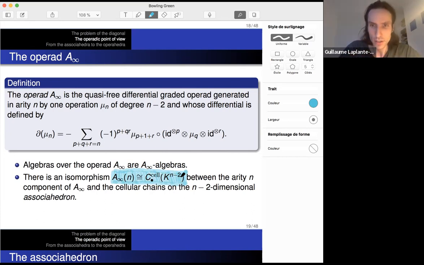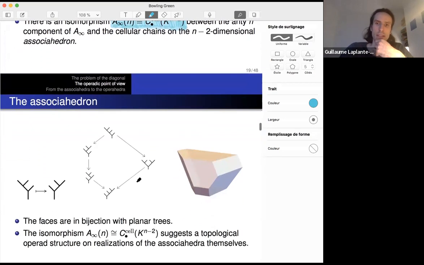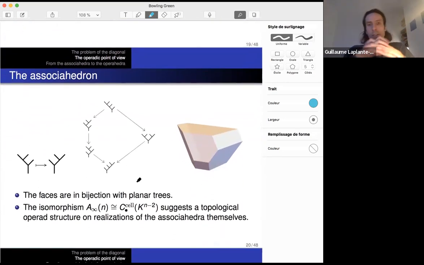And so the associahedron, what is this polytope? Well, the n-2 dimensional associahedron has its faces in bijection with planar trees with n leaves.